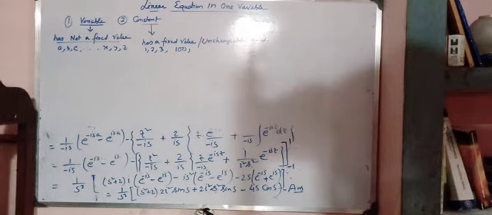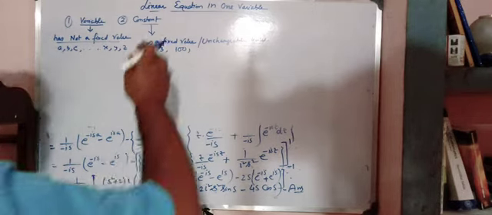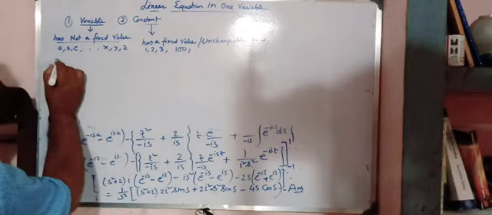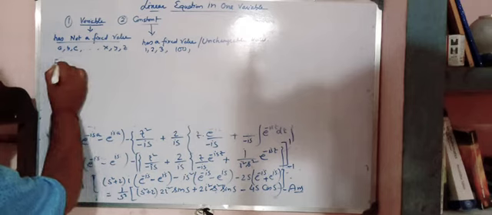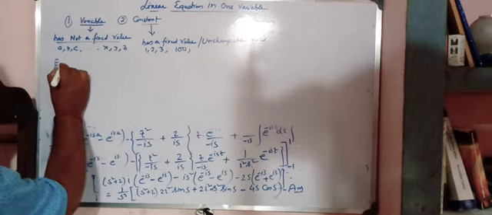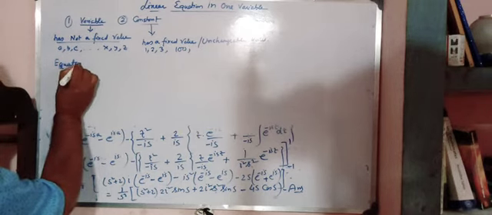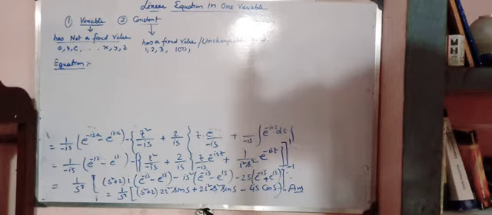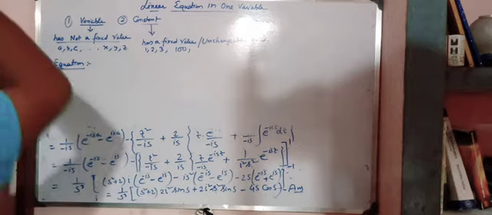Now next come to linear equation. Next come to equation. A statement of equality which involves one or more variables is called an equation. It is given in your book.